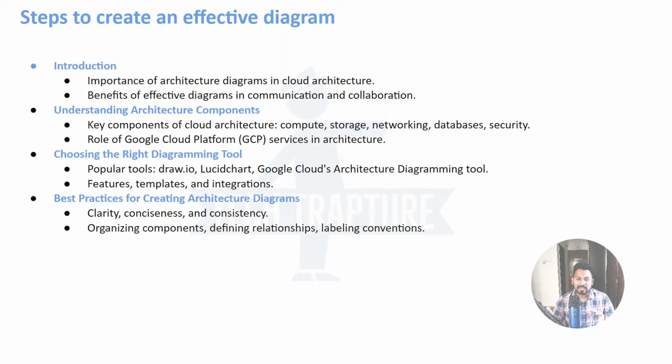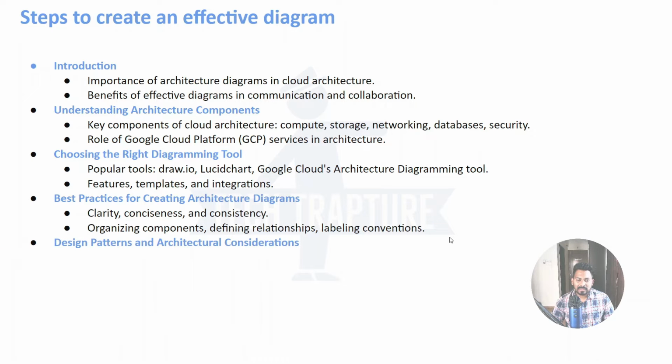I have to keep everything clear. I should show all the arrows: how the data is flowing, how the user traffic is going, and how the data is stored. Everything should be crisp and concise. Looking at the diagram, a business person, your developer, or your DevOps team should understand what's going on.